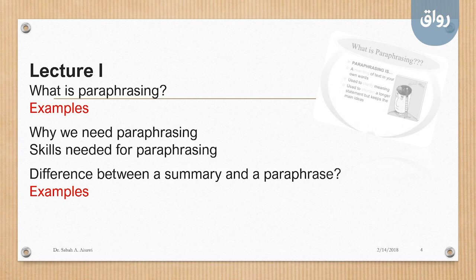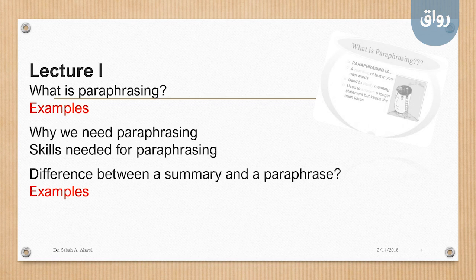When I say rewording, it means using different words and probably different structures to express the same meaning. So we keep the content, we keep the ideas, we keep the meaning, but we change the language. And when I say the language, I mean the words and the structure of the original text.